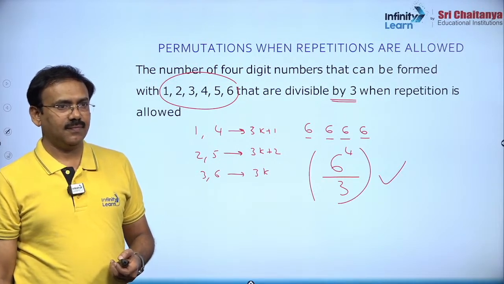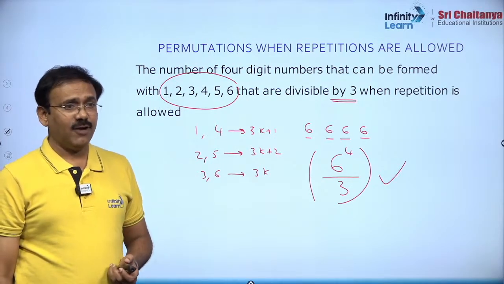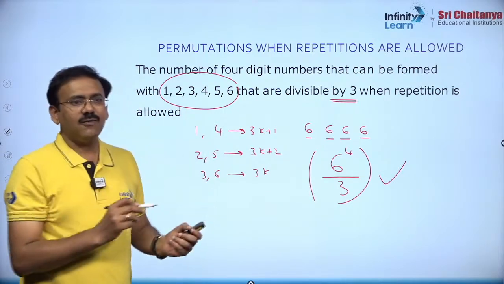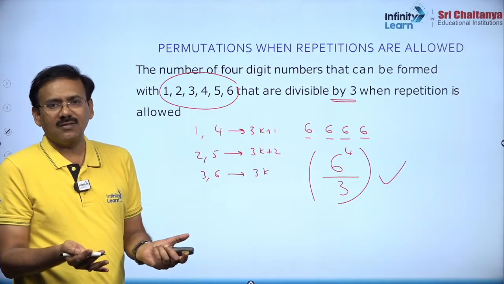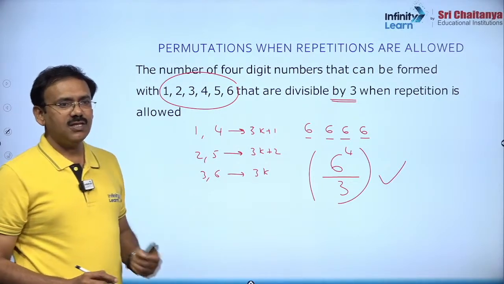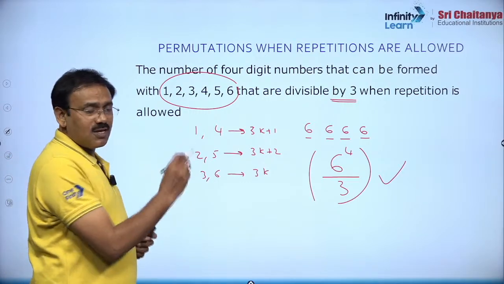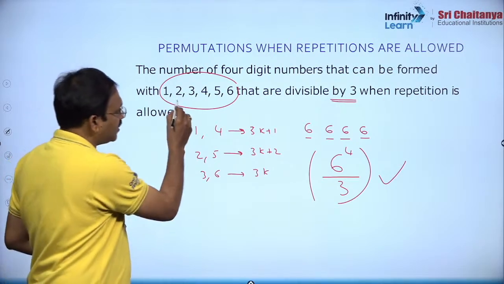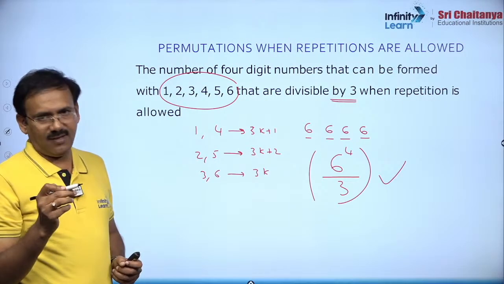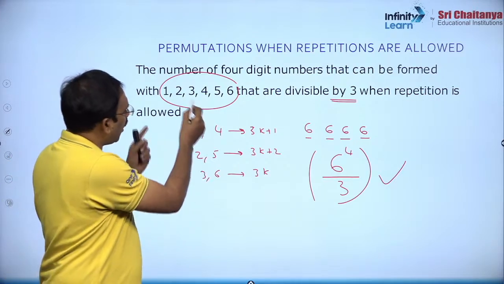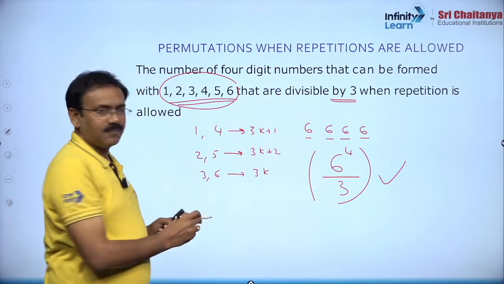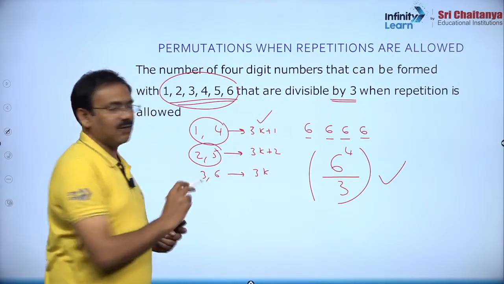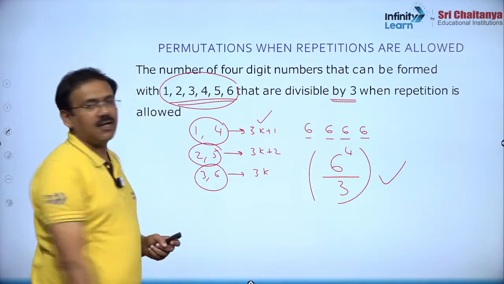Okay. Not required, Ronak, simple. Because there are 6 numbers, and for each of these we have an equal chance. The question is how many 4-digit numbers can be formed with these digits which are divisible by 3. Of the given 6 digits, there are 2 numbers of 3k plus 1 type, 2 numbers of 3k plus 2 type, 2 numbers of 3k type.